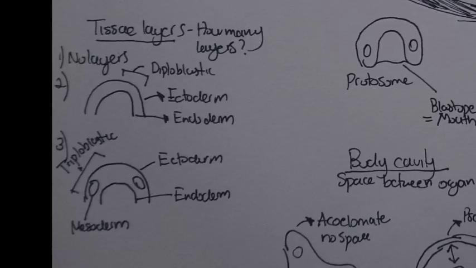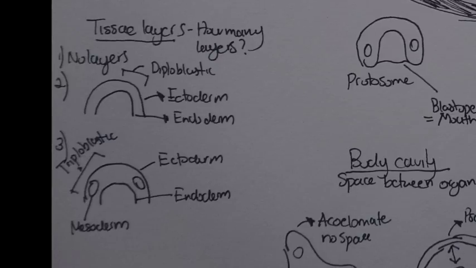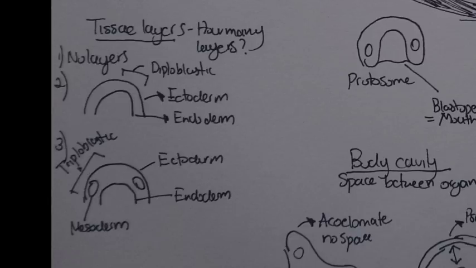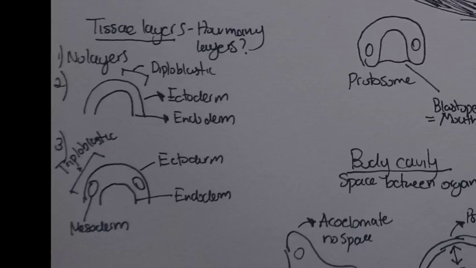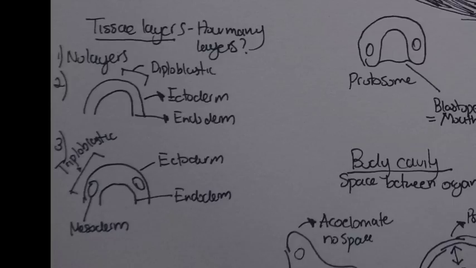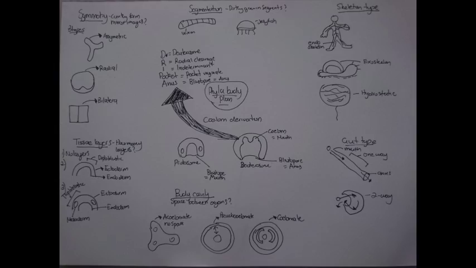That's pretty much easy to understand if you just think that. Triploblastic, they have an endoderm and an ectoderm, and they have a third layer, which forms the cavity, which is called the mesoderm. Now, all these are formed in the embryonic cell, so if you want to watch a video on how fertilization or something occurs, they'll tell you.